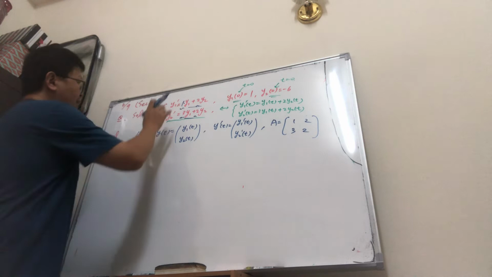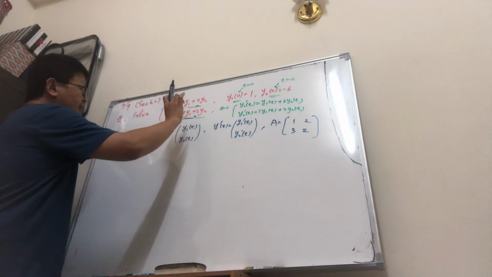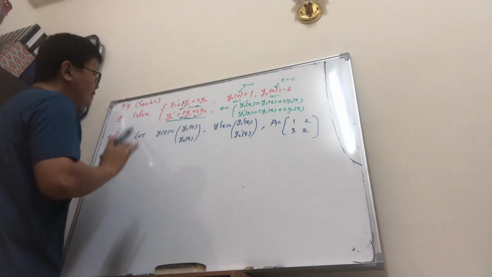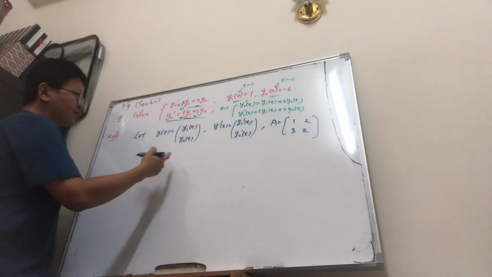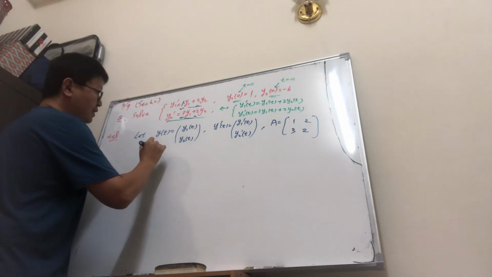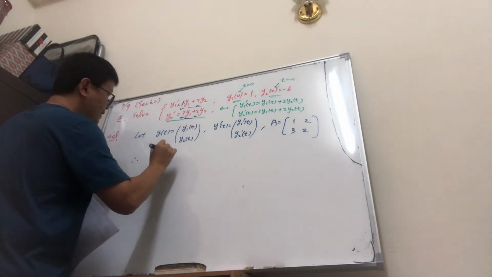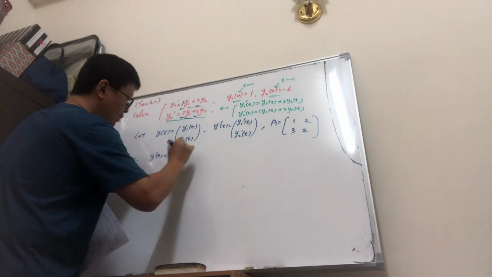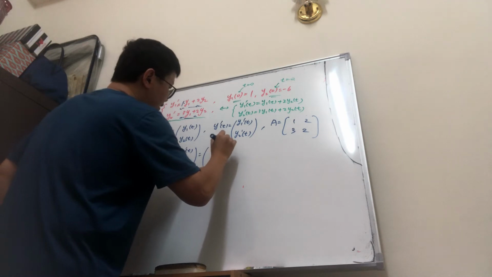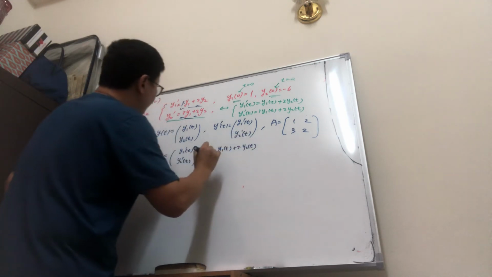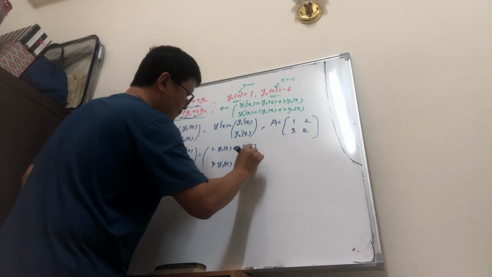Then what can we say about these two equations? Could we express these two equations in terms of a matrix equation? Actually, we can. y prime is y1 prime t, y2 prime t, but y1 prime t is 1 times y1 t plus 2 times y2 t, and y2 prime t is 3 times y1 t plus 2 times y2 t.